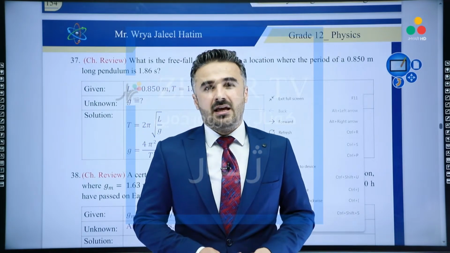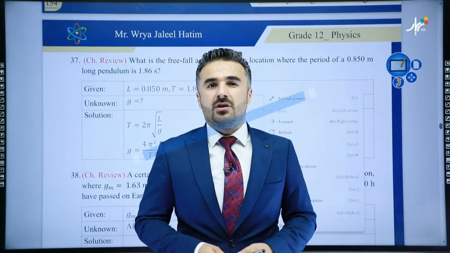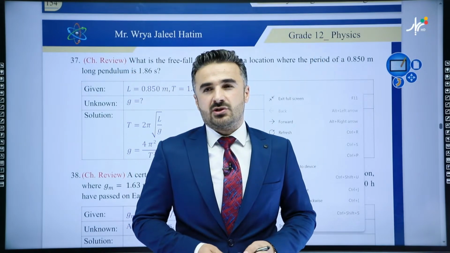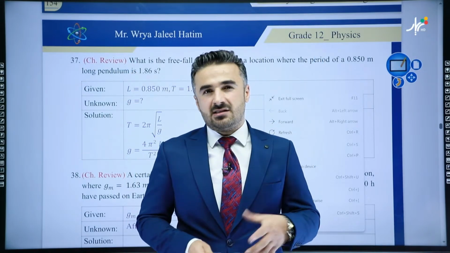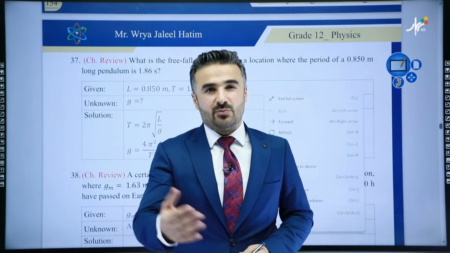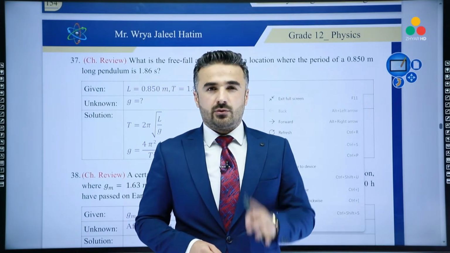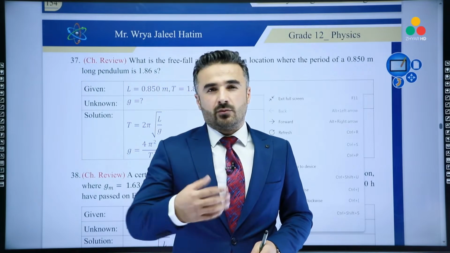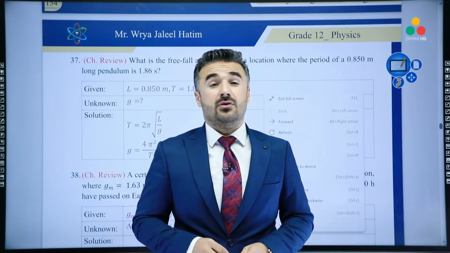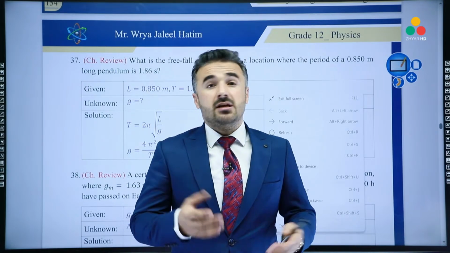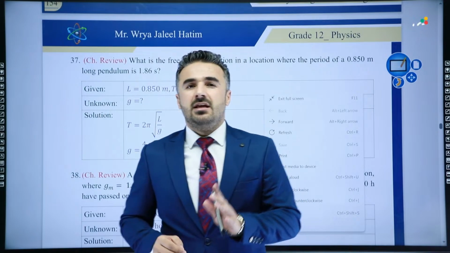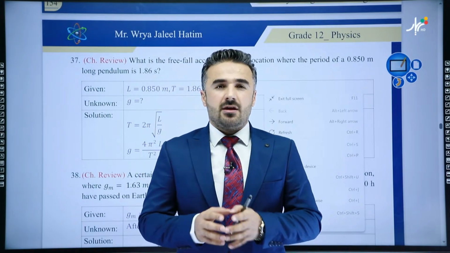If you remember, we said if the angle of the swinging is less than 15 degrees, it can be called simple harmonic motion. And for simple harmonic motion, remember there were three conditions. We said the restoring force must be directly proportional to the displacement in terms of magnitude, but in terms of direction they were opposite.